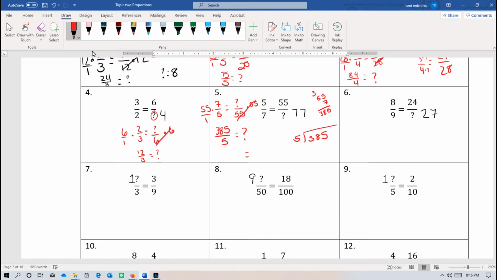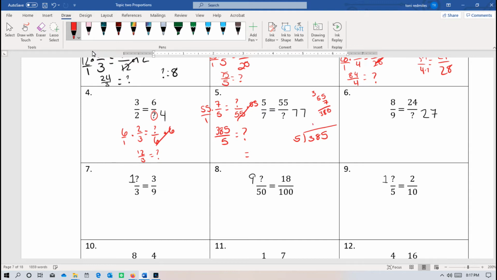Remember, when you're doing your division, one of the things you got to be careful of is some people try to take that whole entire number and say, how many times can 5 go into this whole entire number? You don't have to know your times tables up to 385. All right, just take it one digit at a time. Can 5 go into 3? No. Can 5 go into 38?